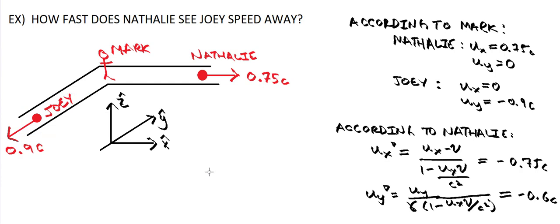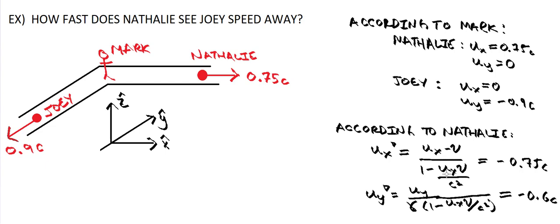And so if we plug in, ux is 0. Why? Because Mark says that Joey doesn't have an x velocity. Minus v here is the relative speed along the x-axis between Mark and Natalie. Well, that's 0.75 c. Ux again in the denominator is still 0.